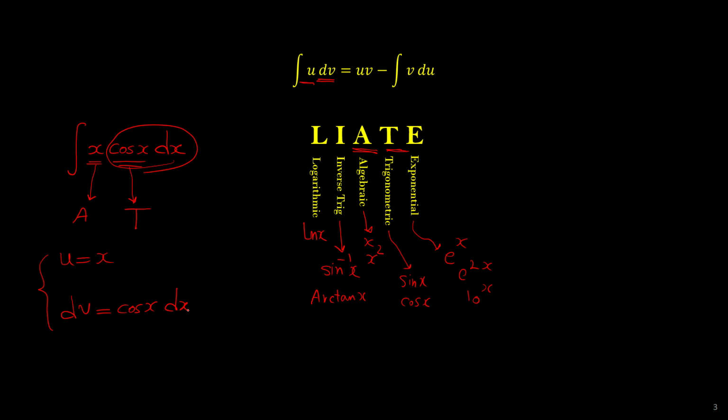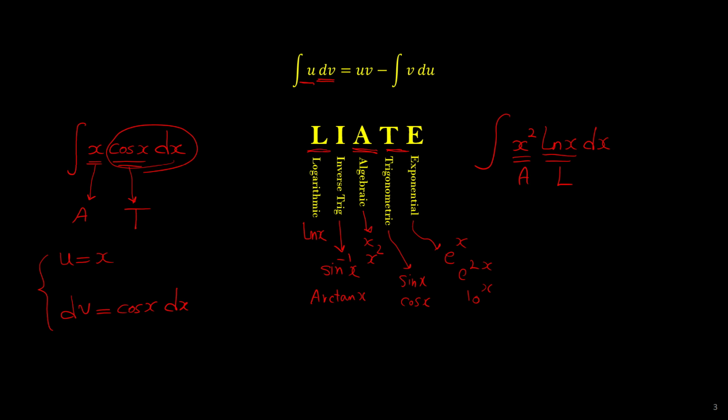Let me show you another example. Suppose you want to find integral of x squared times ln of x dx. X squared is algebraic. Ln of x is a logarithmic function. Between L and A, which letter appears first in this list?